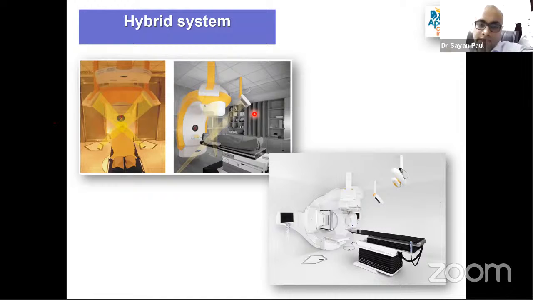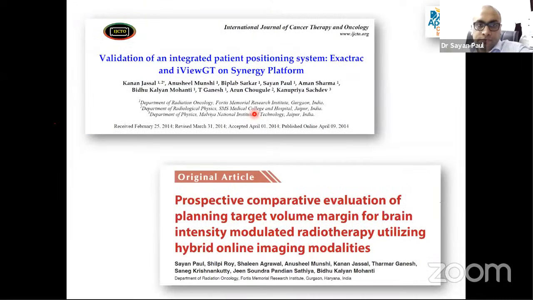So we also published 2 articles on validations of this integrated positioning system, the hybrid positioning system. And I calculated the shifts and PTV margin of different imaging systems in the hybrid online imaging modalities, to check whether they are corroborating or not.